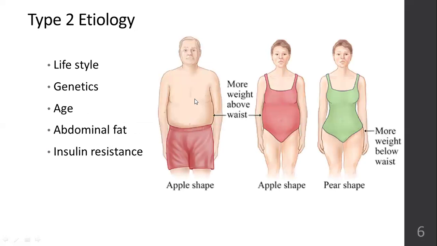Then type 2 diabetes. Genetics play a role, but lifestyle plays an important role. Those who are obese, underactive, those who overeat, who have had obesity for a very long time, are at risk of developing diabetes.